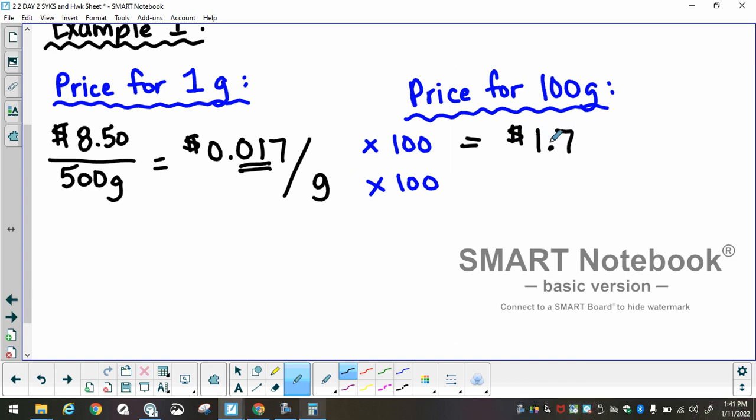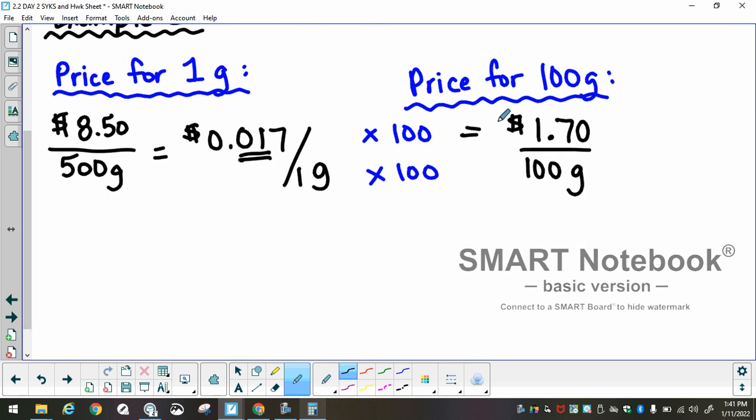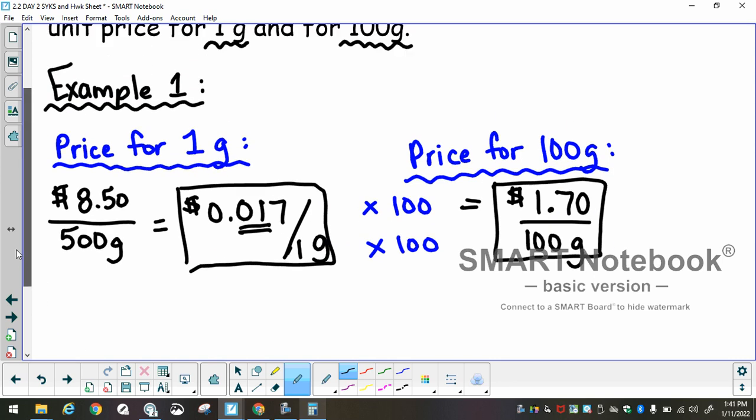Remember, dollars is on the top. And then on the bottom, 1 gram is going to be multiplied by 100, so we get 1 times 100 is 100. So this ground beef is $1.70 for 100 grams. That is more like what you will see in the grocery store. You would see prices like that for meat rather than per gram. They measure per 100 grams.